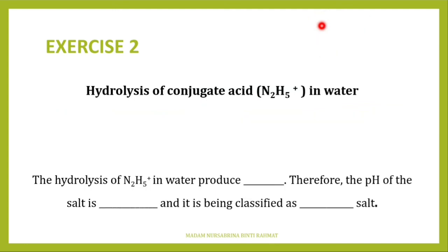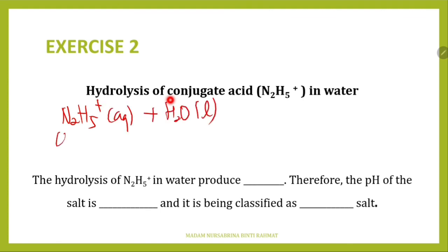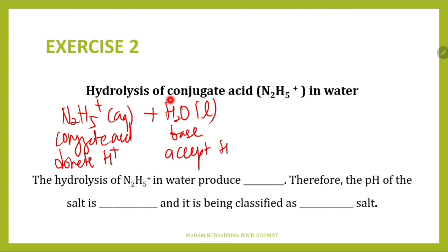So let's write down the hydrolysis equation of N2H5 plus in water. It is a conjugate acid, which means it will donate H plus according to the Bronsted-Lowry definition. Since this is an acid, your water will become your base and accept H plus.